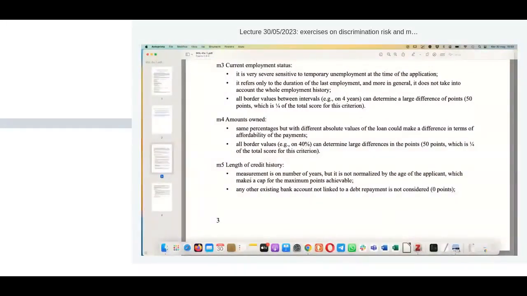If you are 20 years old, you cannot reach the maximum, for example. It should be normalized. And then any other existing bank account is not considered. So only bank accounts that are related to repaying a debt. This was really a minor thing, but it was also possible.